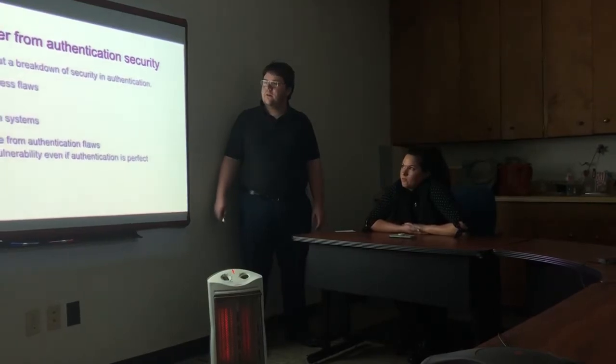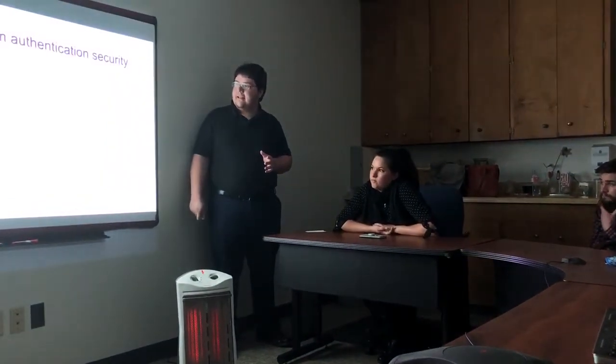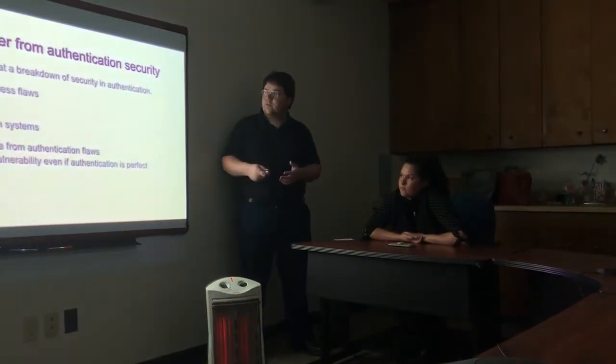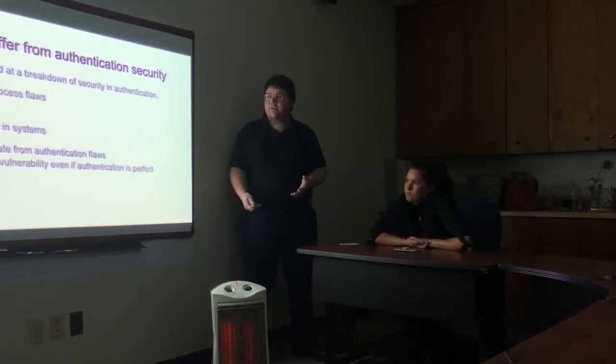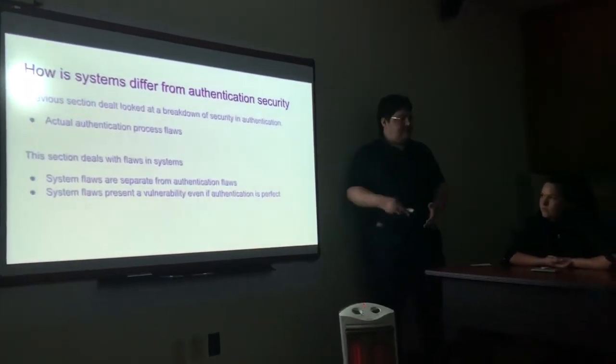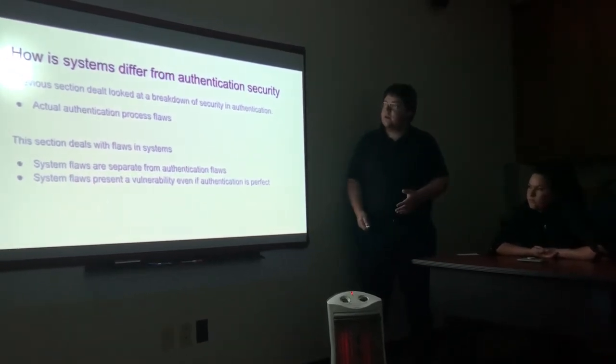So system security is different than authentication security, because the last section looked at how there were some vulnerabilities in the authentication process. And those were flaws with the actual process of signing up or logging in or using reset passwords.